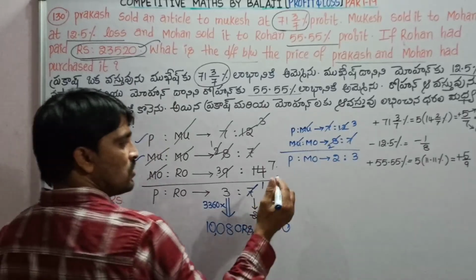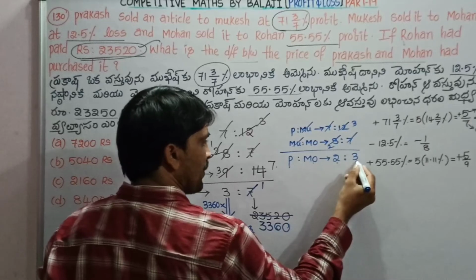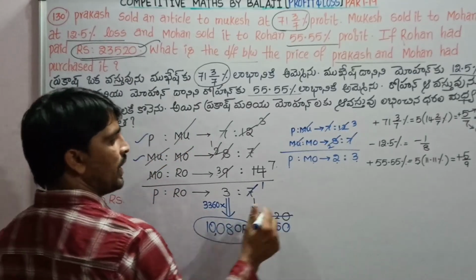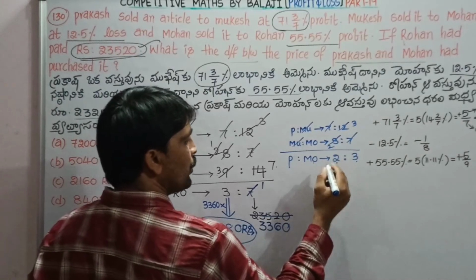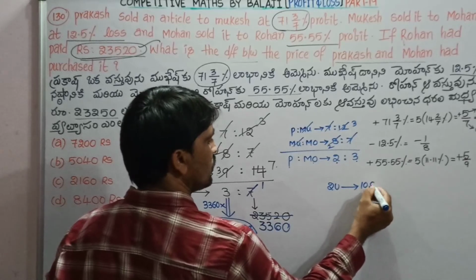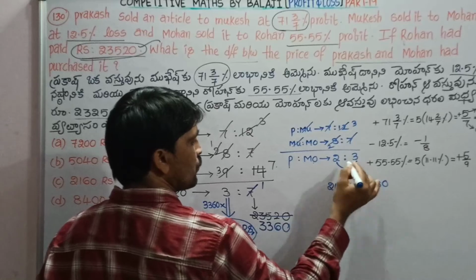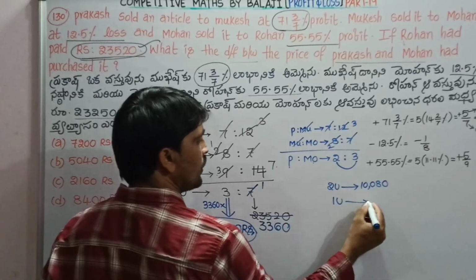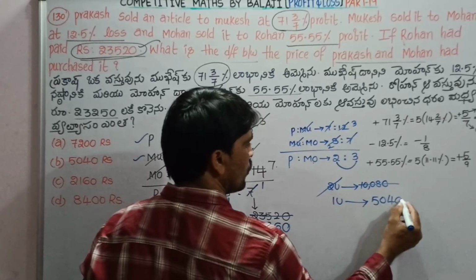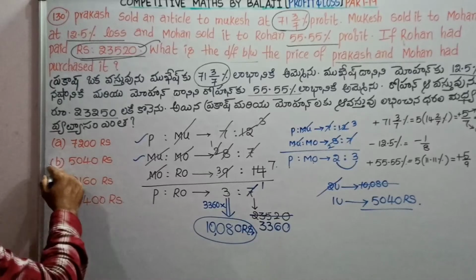That is, the cost price of the article for Prakash is 2 units, for Mohan is 3 units. But Prakash's cost price for the article is 10,080. That is, 2 units value is 10,080. But we have to find the difference. Difference is 1 unit. Then 1 unit value, cancelled by 2 table, is 5,040 rupees. Yes. So answer is B.